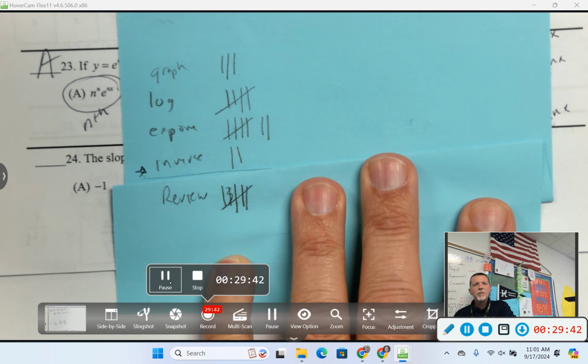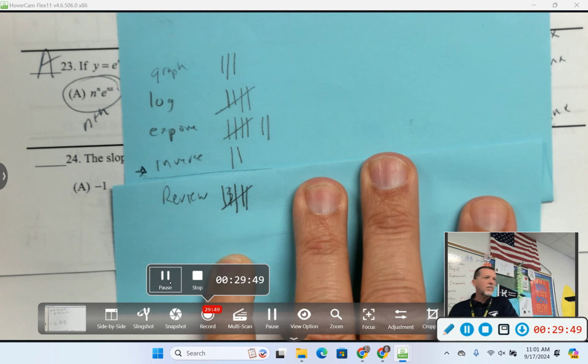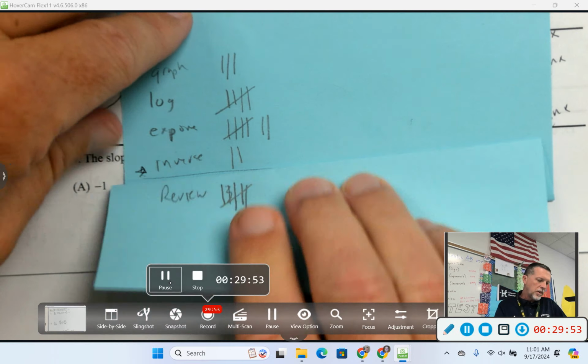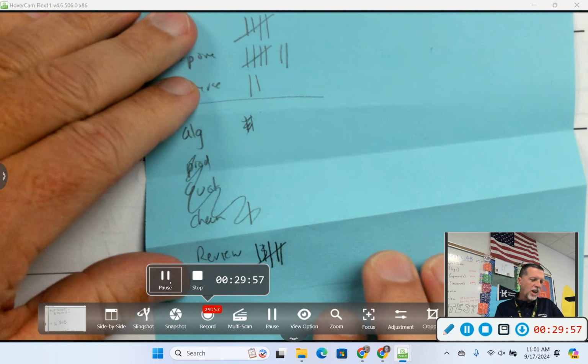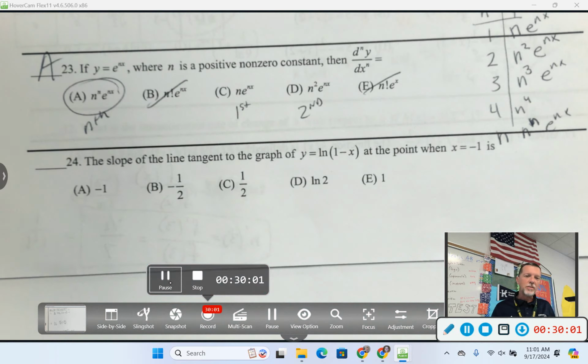Shame on me, that's not a well-balanced test. And then, I can't even read my writing, but that's 4 or 5 or 6 review questions, although we saw 2 of them on the warm-up. I was also going to keep track of product, quotient, and chain, but they happen so often that I was like, they know product, quotient, chain. We don't need to worry about that.